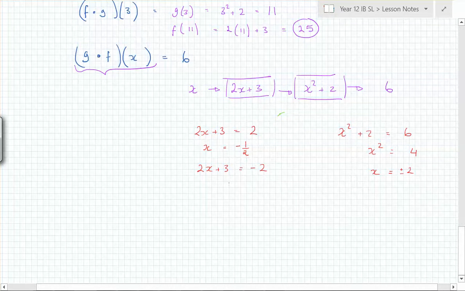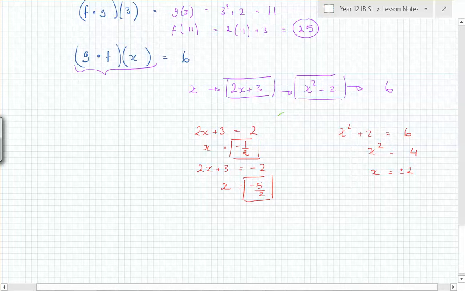And this one would equal plus or minus 2, so minus 2.5 or minus 5 over 2. I'd happily leave it as minus 5 over 2. Of course, you subtract the 3, gives you minus 5, and then divide by 2. Okay, minus 2.5. So actually, they are my 2 possible solutions there.